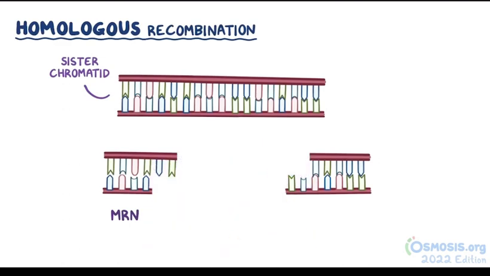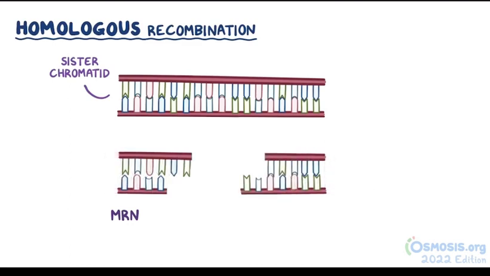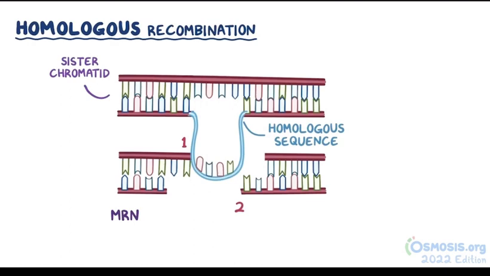To make the process more clear, we can call the ends of the broken DNA end 1 and end 2. So now end 1 is placed near a similar nucleotide sequence called the homologous sequence, because it's found on the same spot on the homologous sister chromatid. End 1 then pairs up with the complementary strand of the intact homologous DNA region, creating a loop in the homologous DNA.